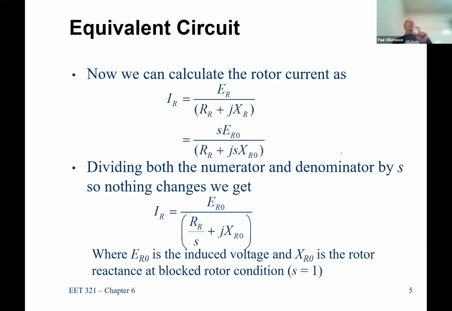If we want to find an equivalent circuit from the actual rotor circuit to everything reflected to blocked rotor, you will note that I want my rotor circuit current to be the same. The only modification I need to make is to divide my rotor resistance by S. That's because I've got an S here, an S here, so I can divide everything by S, right? Which means I have to divide that by S. So that's where that term comes in there, okay?